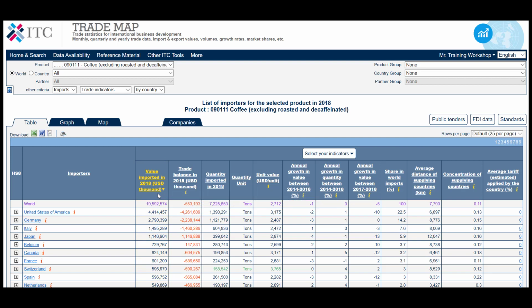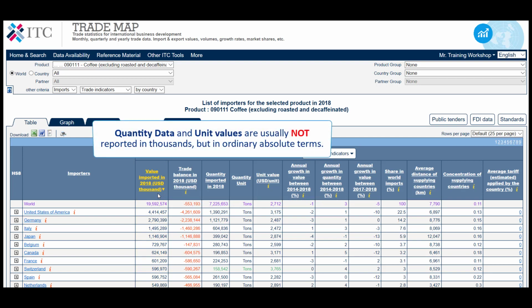But be careful. The quantity data, and therefore also unit values, are usually not reported in thousands, but in ordinary absolute terms.